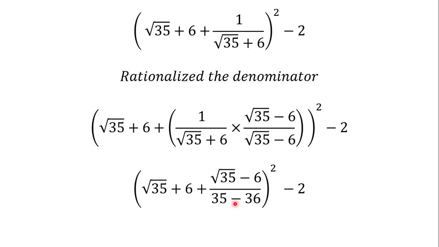All right, so let's solve this part. Now 35 minus 36 will give us what? Minus 1. But mind you, square root of 35 minus 6 divided by minus 1 will give us what? Negative. So this operation sign here will change to minus.